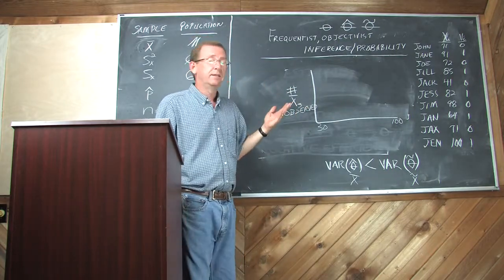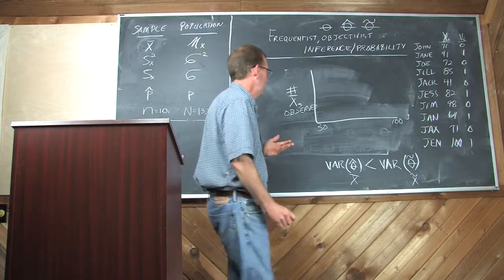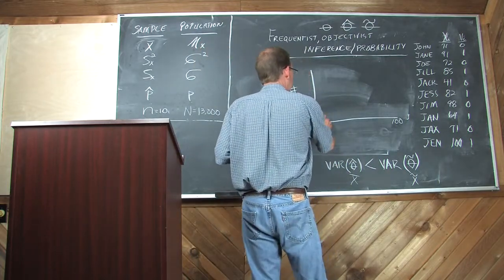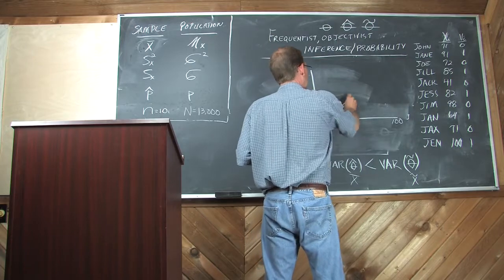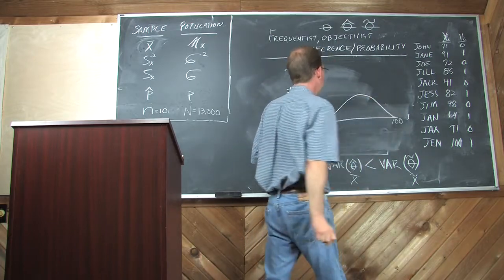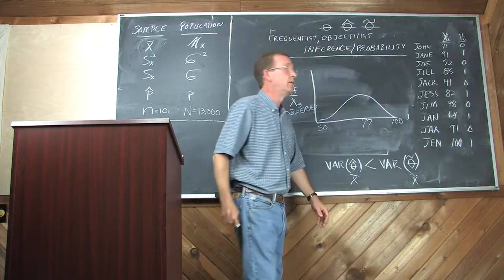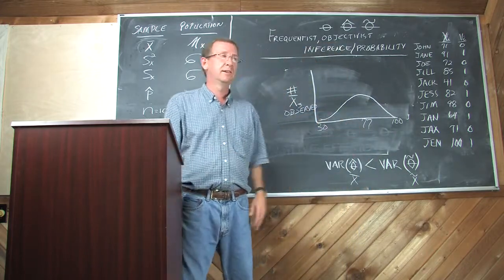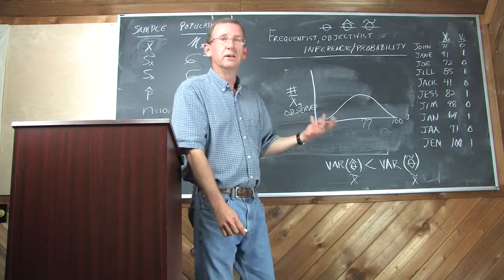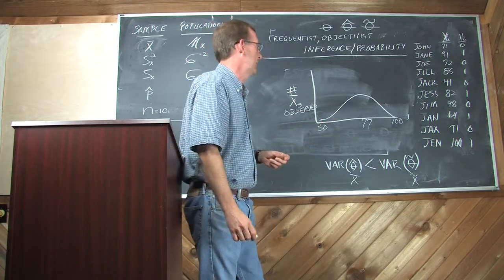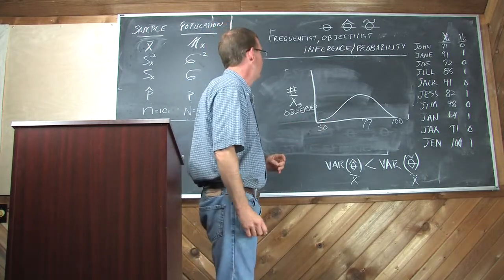So we're going to have 13,000 x bars, and let's say they're going to be distributed normally. And let's make that 77 or so. Let's assume we got a good sample here, a really representative sample. You wouldn't with 10, as it turns out, or you wouldn't necessarily. Let's assume that we did.